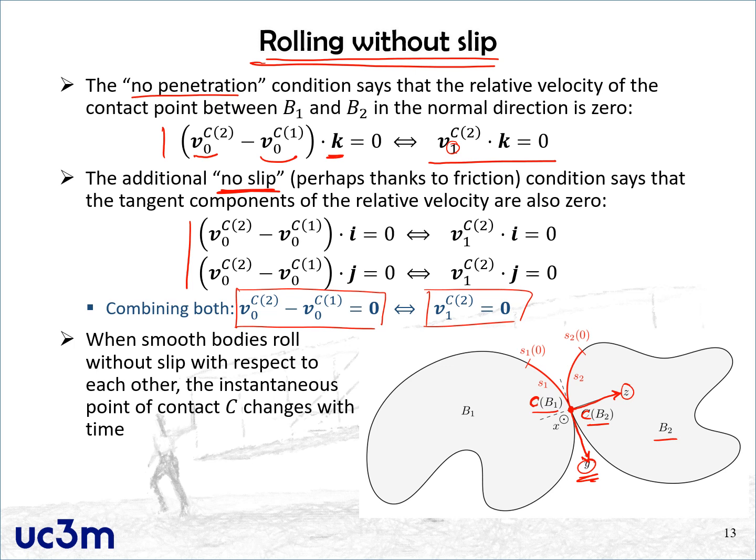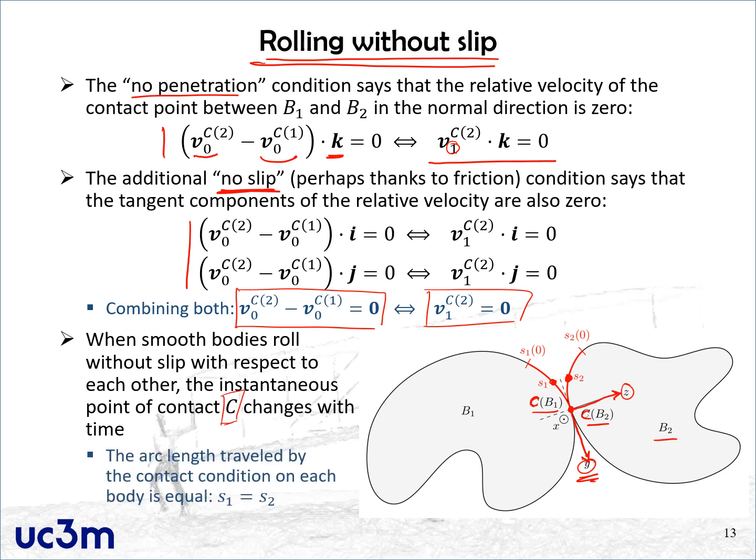For example, if at the next instant the point of contact has moved upwards, the new point of contact is this one for body B1 and this other one for body B2. To keep things simple, we are going to save the letter C for the contact point at each instant of time. Just remember that it will be a different point of each body at each instant of time. We are just labeling the contact point in this way.